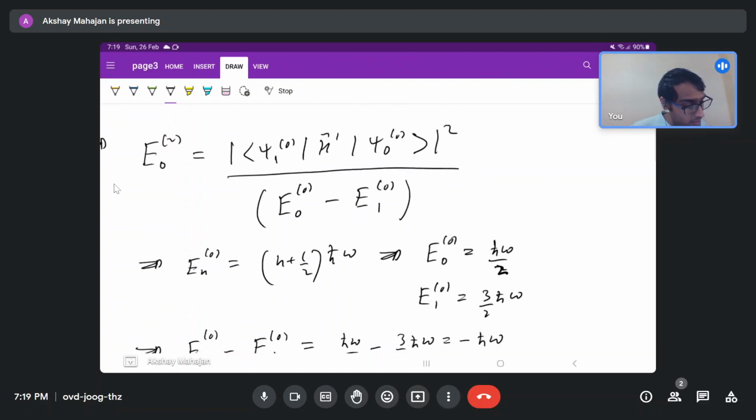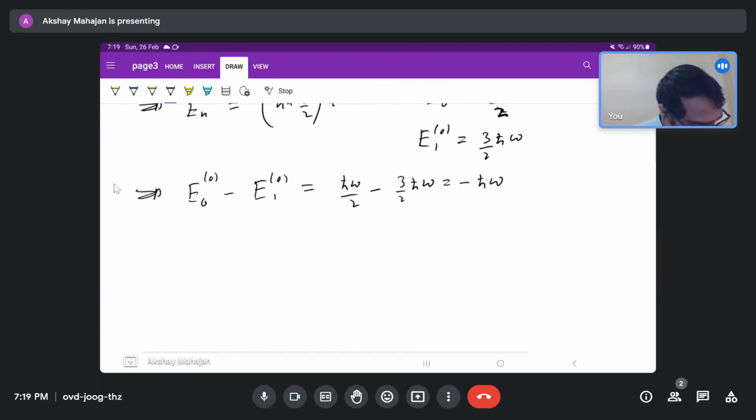Now we just need to find this matrix element, psi 1 of 0 H cap prime psi 0 of 0, whole square, and then we are done.